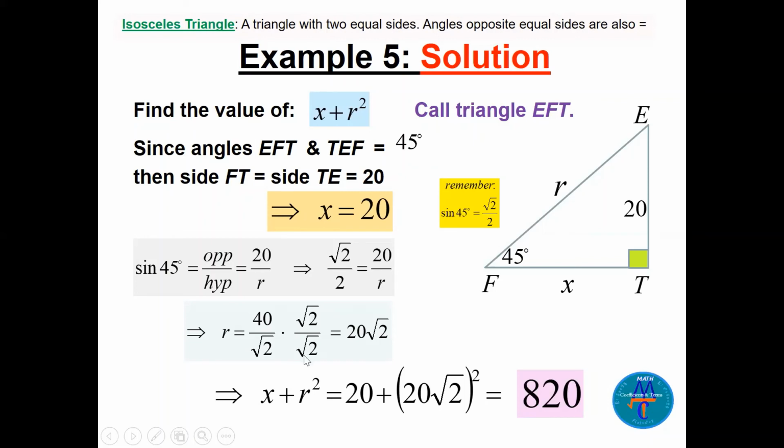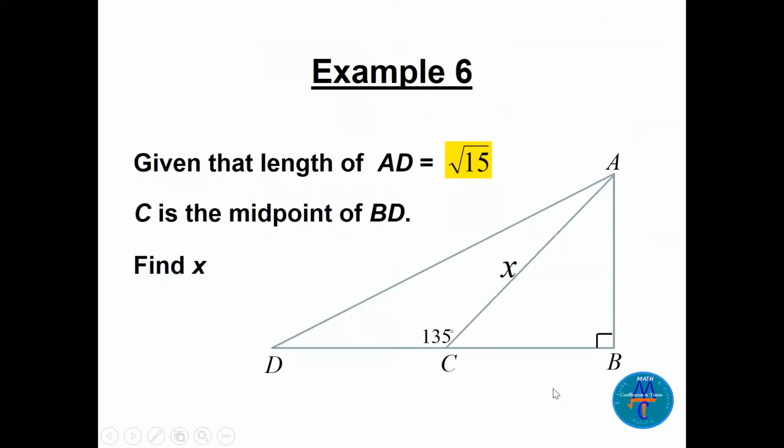Rationalize, multiply by square root of 2 over 2. So this is 20 square root of 2. So when you get x plus r squared, x is already 20. When you square this one, you get 20 times 20, 400 times 2, 800. 820 is the final answer.